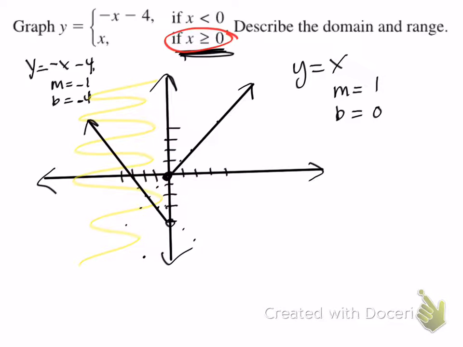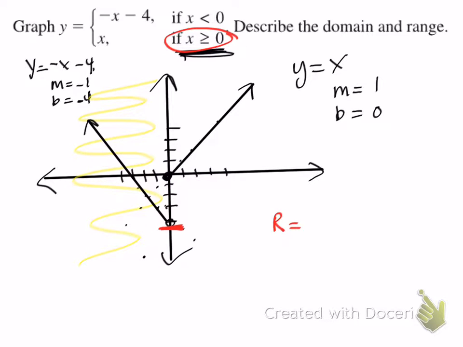So now, when we talk about domain and range, the domain is the width from the farthest to the right all the way to the left. That's why x is allowed to be all real numbers. And the range is the minimum point or the maximum point. There is no maximum, but my minimum point is here.